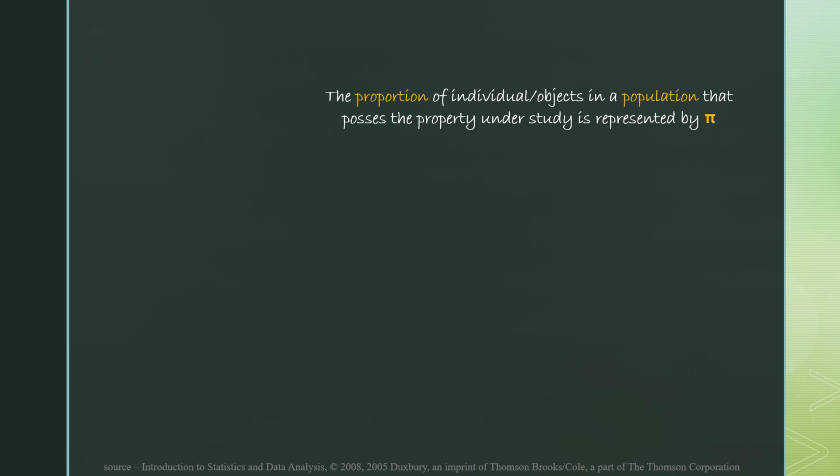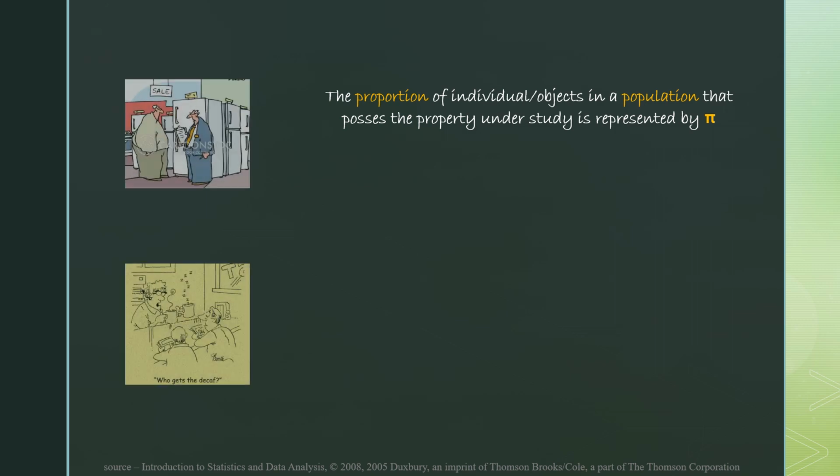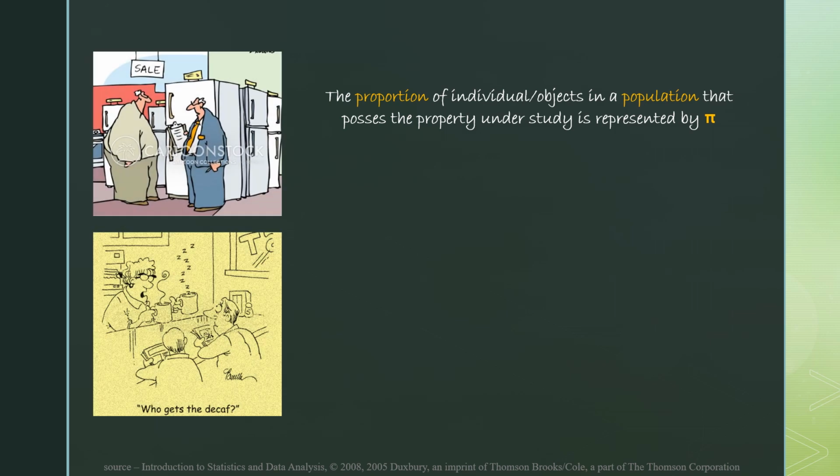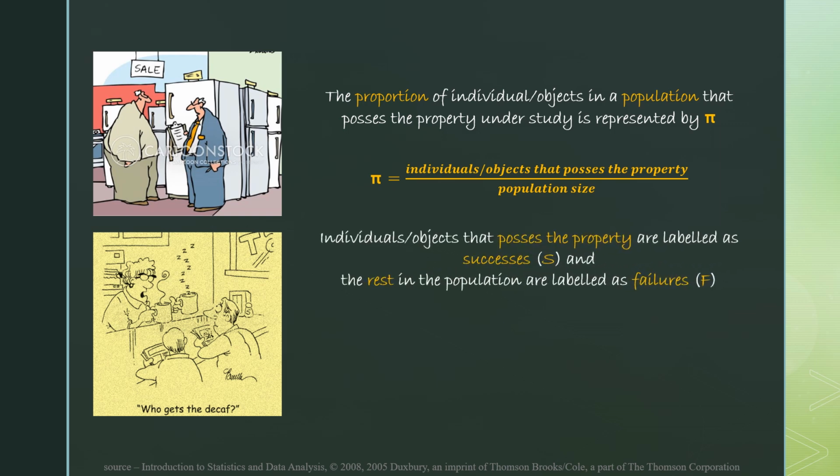The proportion of individuals or objects in a population that possess the property under study is represented by pi. Pi equals individuals or objects that possess the property divided by the population size.